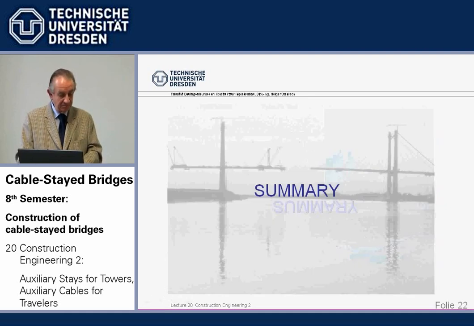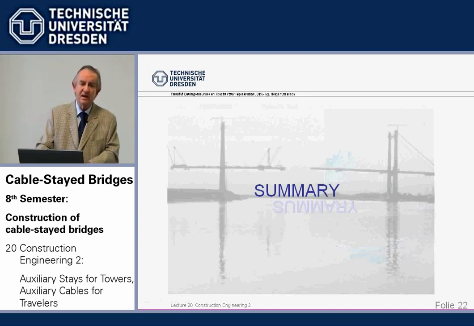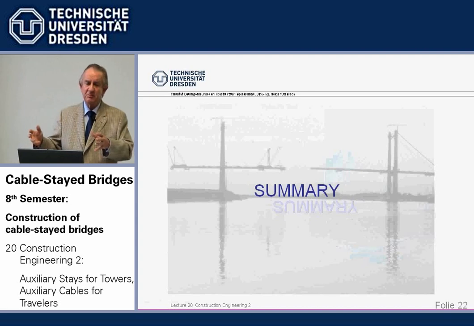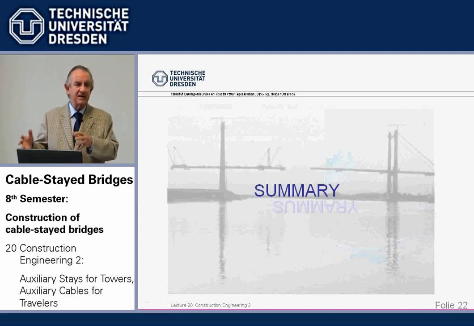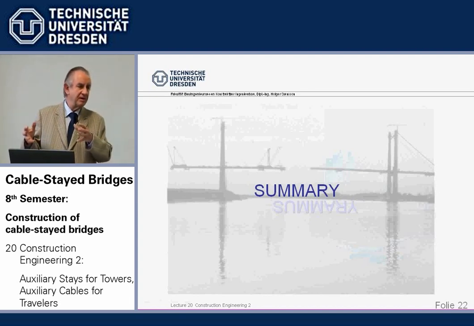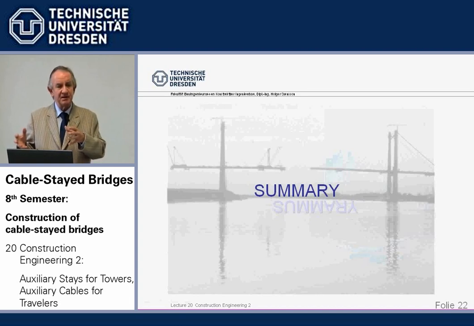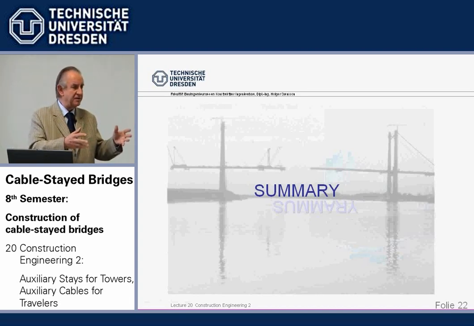Now, to sum it up, we have discussed today the second half of cable-stayed bridge design. The first half is the final stage, where we are free to choose a system and all sorts of things.